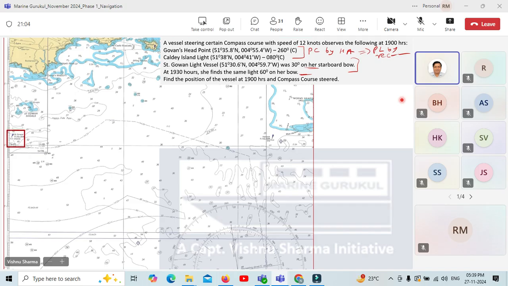See now this part. This is Saint Govan. This is Govan Head, and the third one is Keldy light. So you have the three points here. What do you do first, guys?